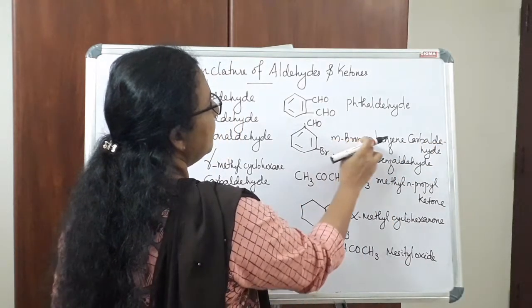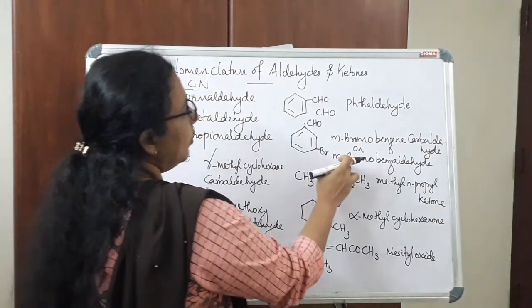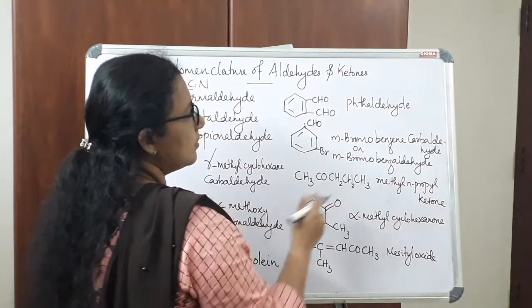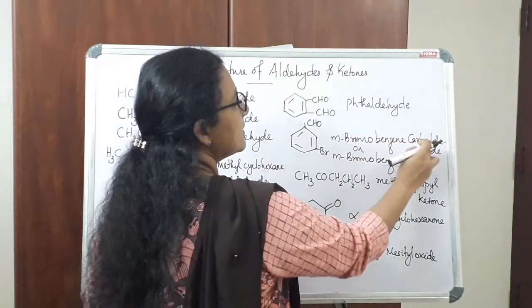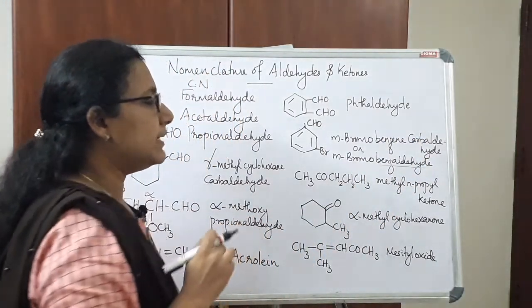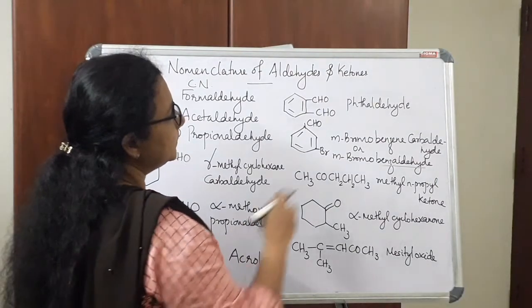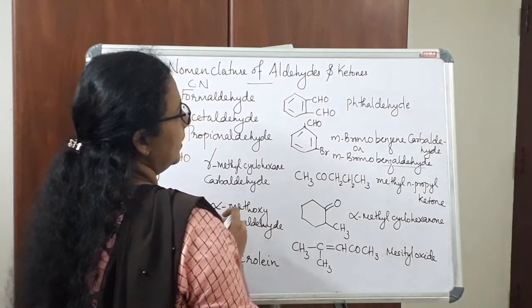So meta-bromo benzene carbaldehyde, or we can say meta-bromo benzaldehyde. More commonly we use benzaldehyde instead of benzene carbaldehyde, and that is also used in the IUPAC name. So this is meta-bromo benzaldehyde.